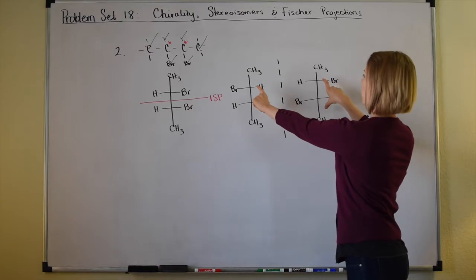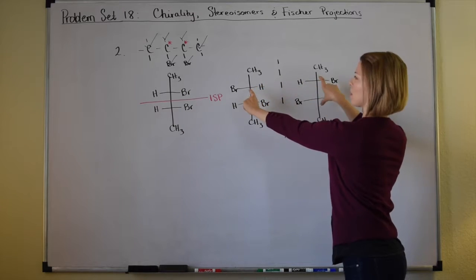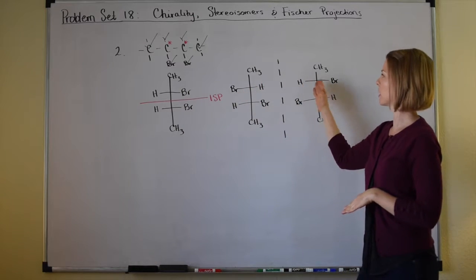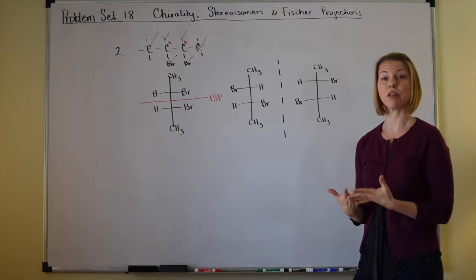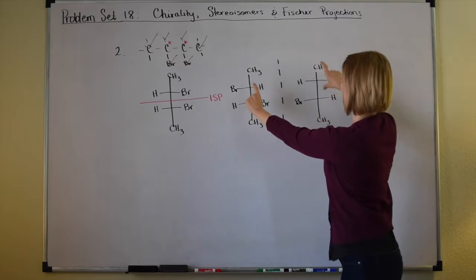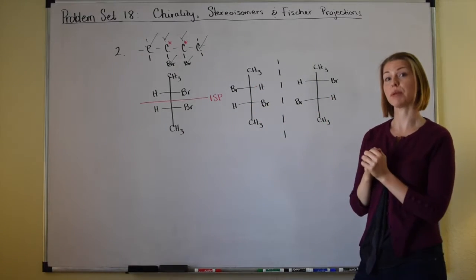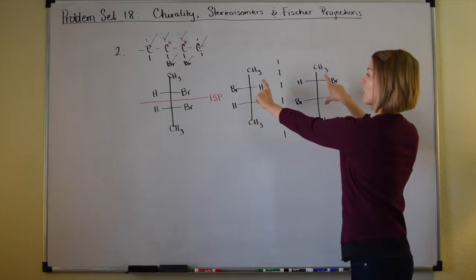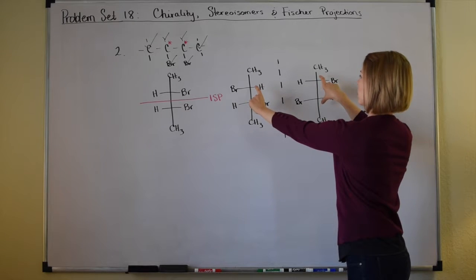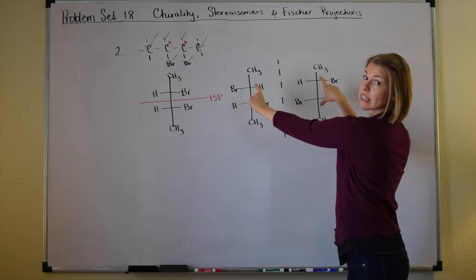All right, so if you try to superimpose these by laying them one on top of the other, of course your bromines are not going to line up. They're going to be on the wrong side. If you try to rotate it this way and line them up, same thing's going to happen. Your bromines are still going to be on the wrong side. So a lot of students think, oh, well, I'll just flip one of them like that so that my bromines will be on the correct side.